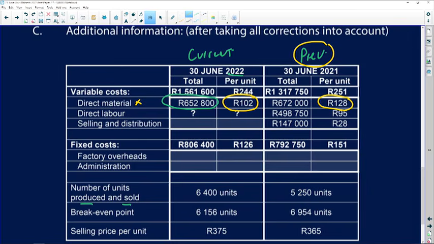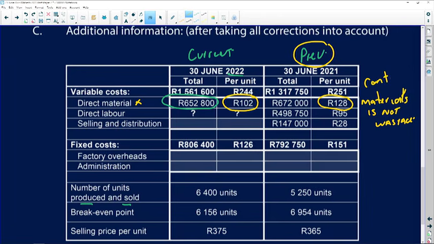So immediately we've noticed it's much cheaper for the business to produce. And this is an indication that the materials being used are not wasted. Okay, so we're not wasting any materials that we are using. We can clearly see that, which means that the production staff obviously have good controls.